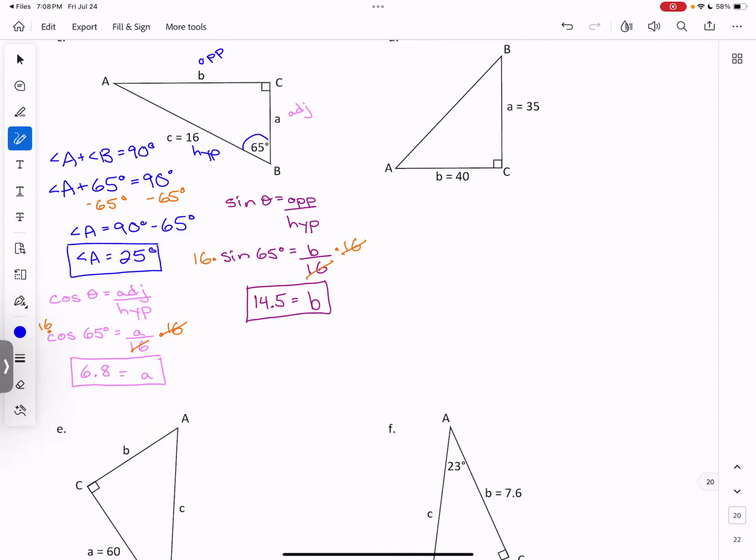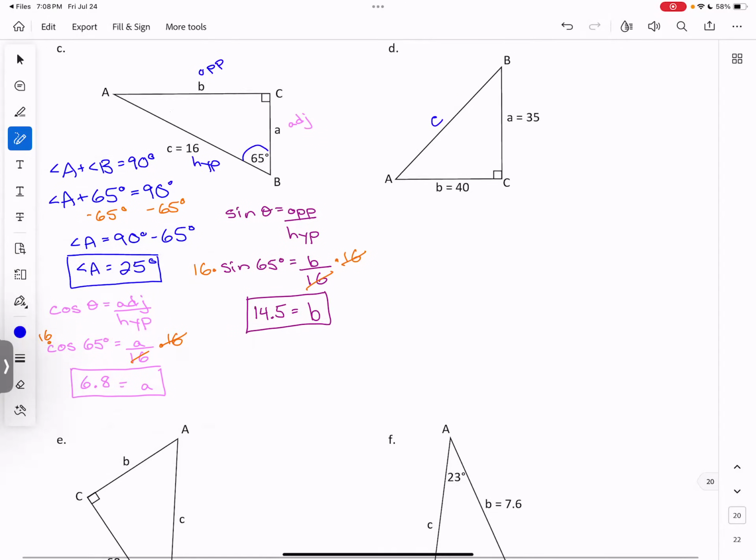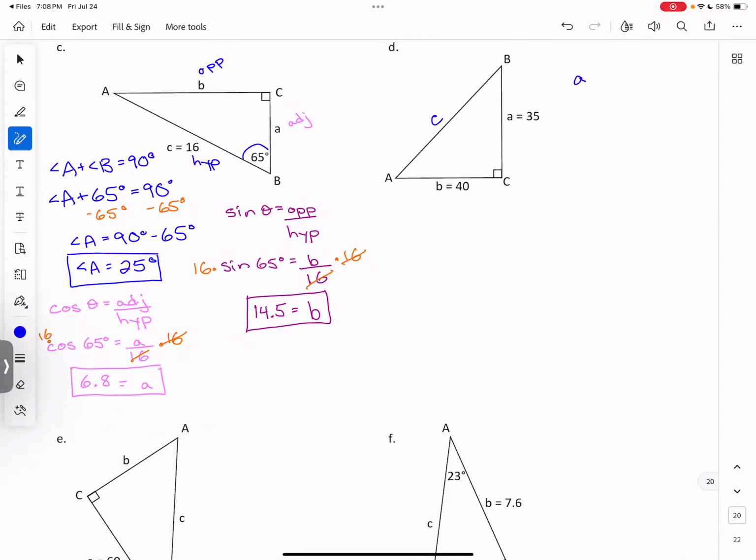Okay, let's look at the next one. Here we've been given two side lengths. We need two angles. Let's start by finding little c, because I know I can find little c with the Pythagorean theorem. So a squared plus b squared equals c squared. So 35 squared plus 40 squared equals c squared.